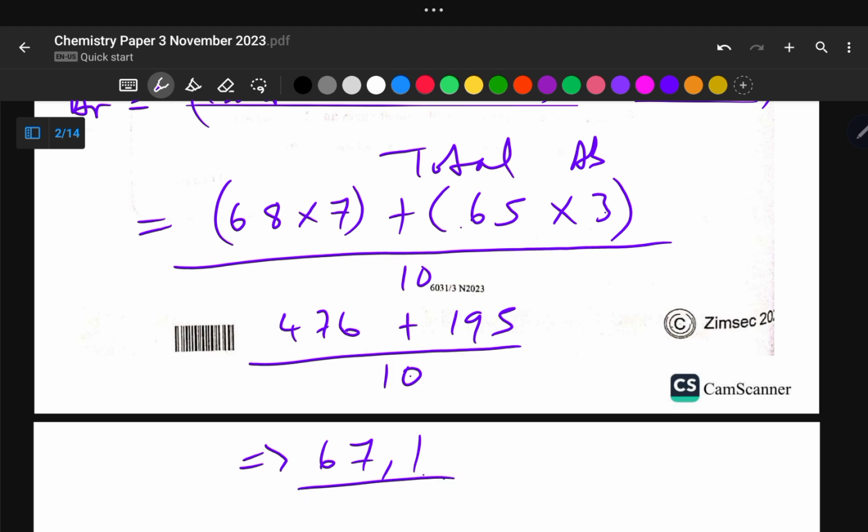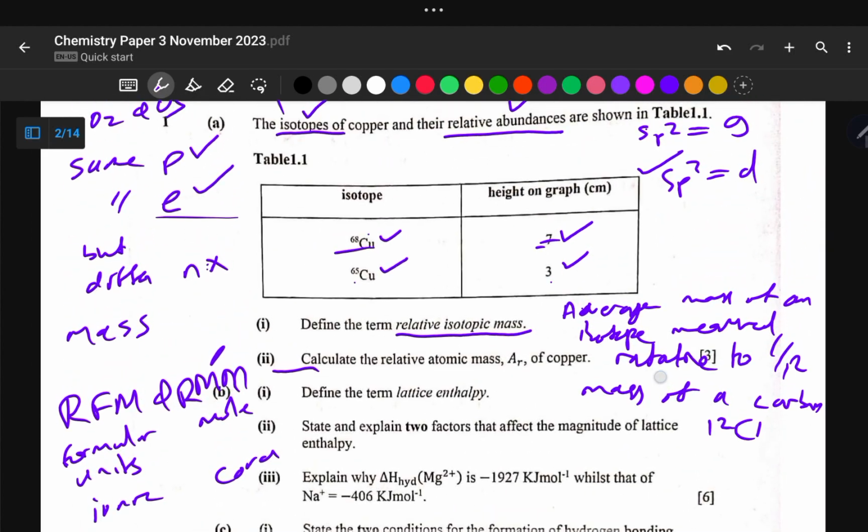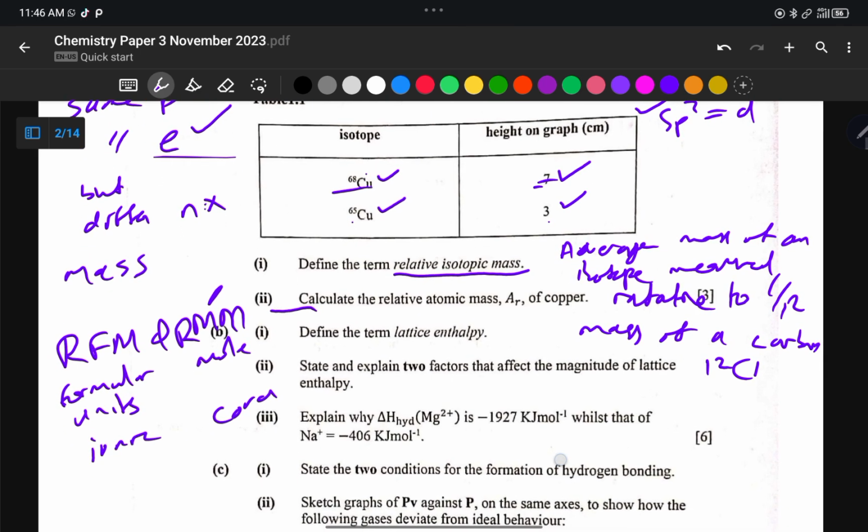So this is the relative atomic mass, right? You should also explain how the mass spectrometer works. It is one of the most frequently examined questions: describe how a mass spectrometer works, right? So you should know how the mass spectrometer works.